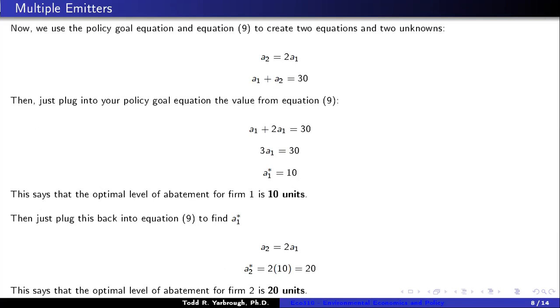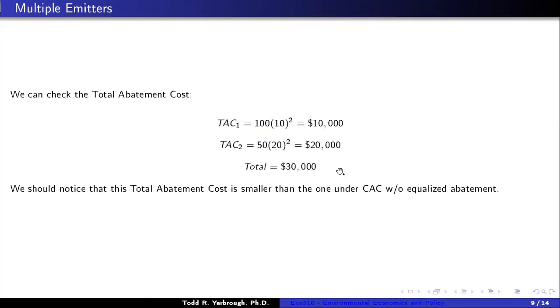Again, this is significantly different than the solution where the government just split up the abatement across the 2 firms equally. And so what we can do is check to see if, in fact, this is indeed cost effective. If we have firm 1 abating 10 units and firm 2 abating 20 units, we see that there are significant cost savings, right?